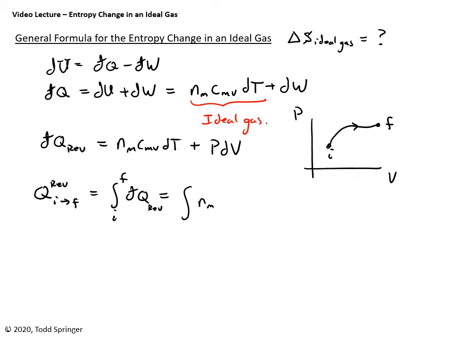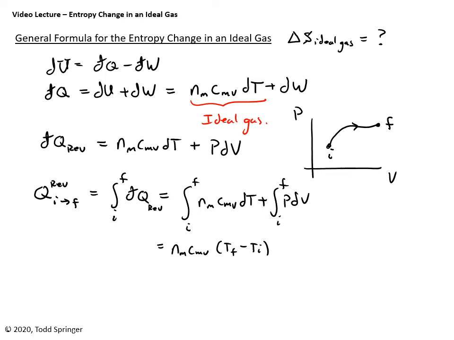So I would have here n_m C_mV dT plus the integral of P dV, I to F, I to F. Okay. The first term I can do, so n_m C_mV, and then here I would have T_f minus T_i.